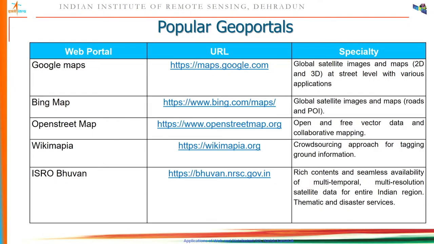So all this kind of data is available in Google Maps in the form of visualization, and also if you want to access this data through the Google Maps website, then these data sets are available as an API, an application programming interface. In the API, very good documentation is available.